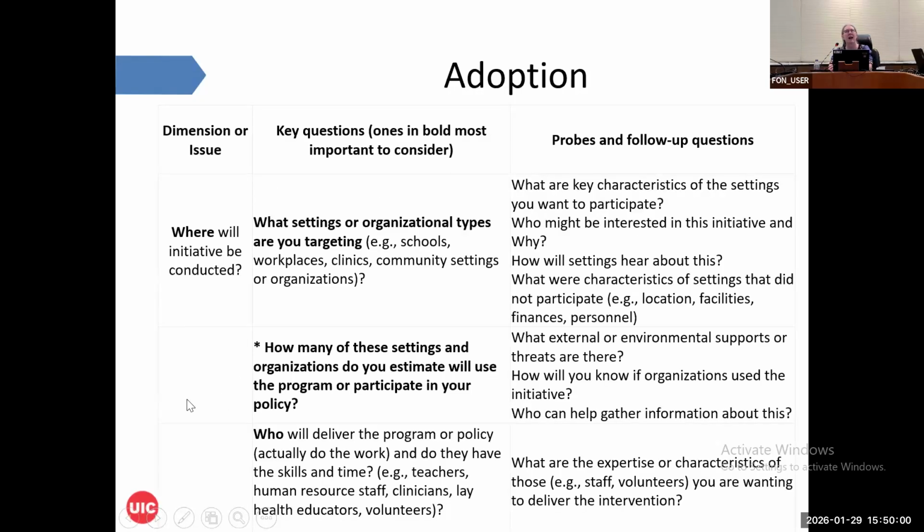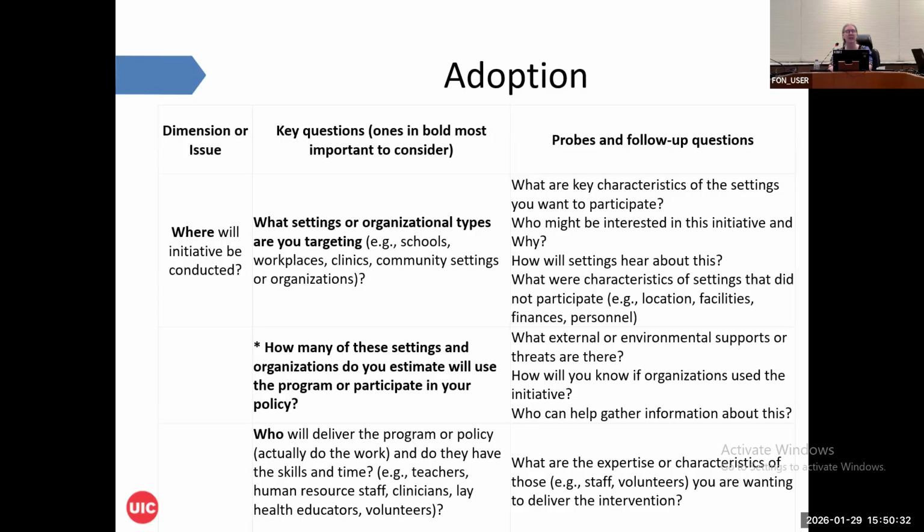The next one is adoption. Here the key question is, what settings or organizational types are you targeting? Are you targeting schools, clinics, community settings, or organizations? How many of these settings and organizations do you estimate will use your program or participate in the intervention?